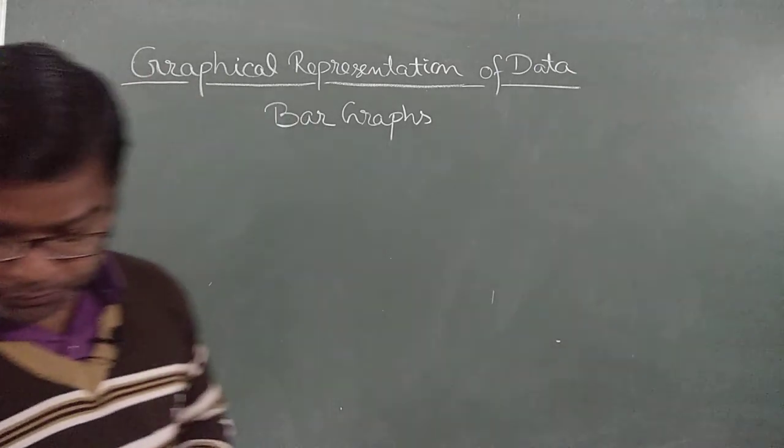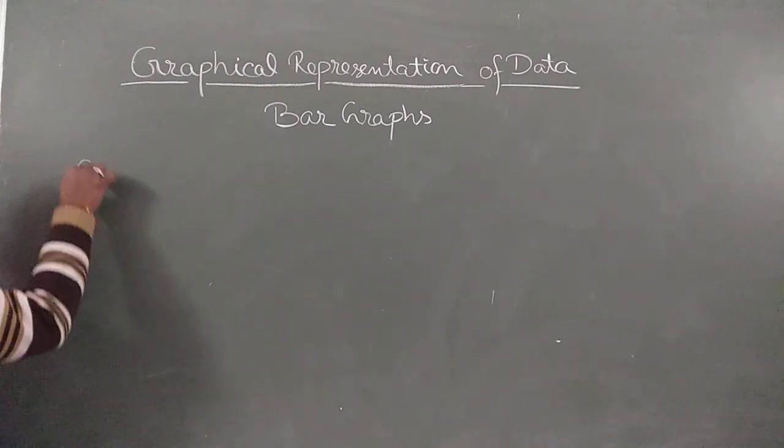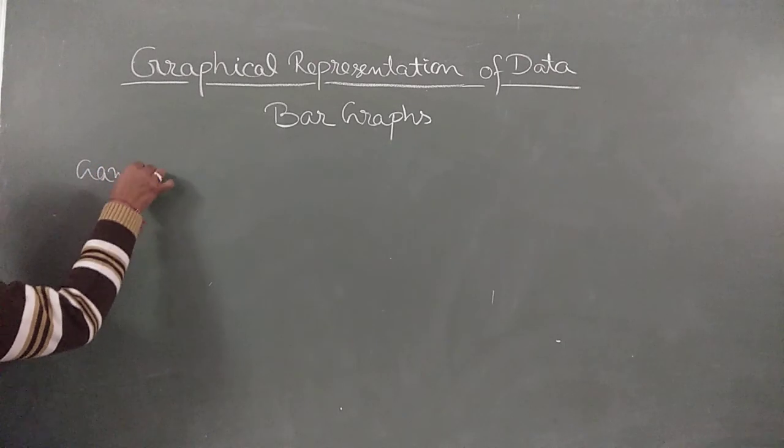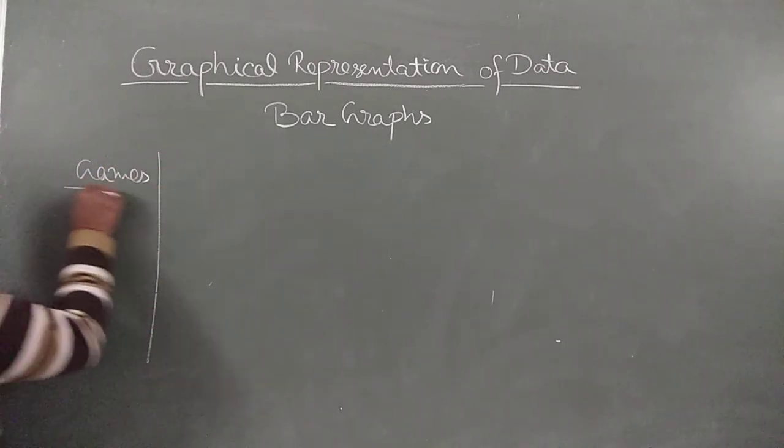For example, I am taking one example from some exercise. There is a survey in some school and they observe the games played by some students. How many students play the given games?